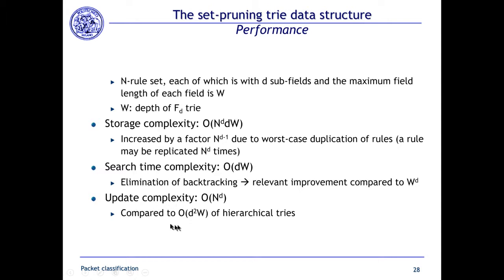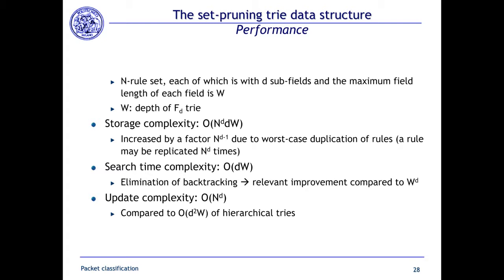And the storage complexity is not less than the hierarchical tree, it is more. It was evaluated as n to the power d instead of d squared times w for the hierarchical tree. Okay, so by this technique we spend in storage complexity to gain in terms of search time complexity.